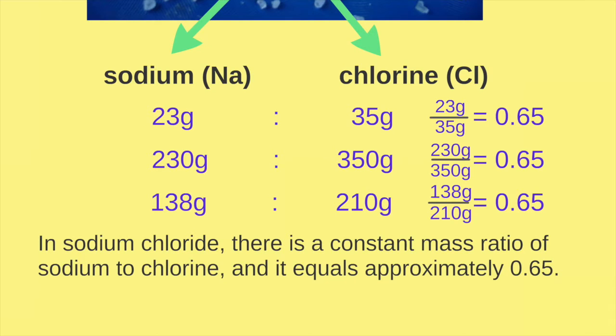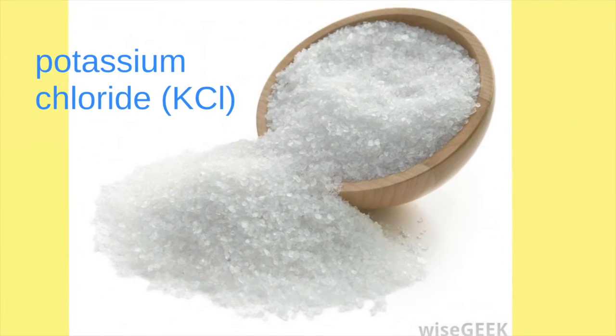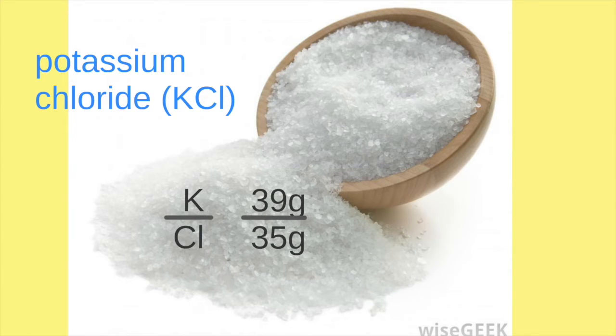Now, scientists found constant ratios like this in all sorts of substances they tested. Let's take a look at a few different salts made with chlorine. Here we have potassium chloride. If you were to measure the mass of potassium and the mass of chlorine in this salt, you would always find a constant ratio of about 39 grams of potassium to 35 grams of chlorine.